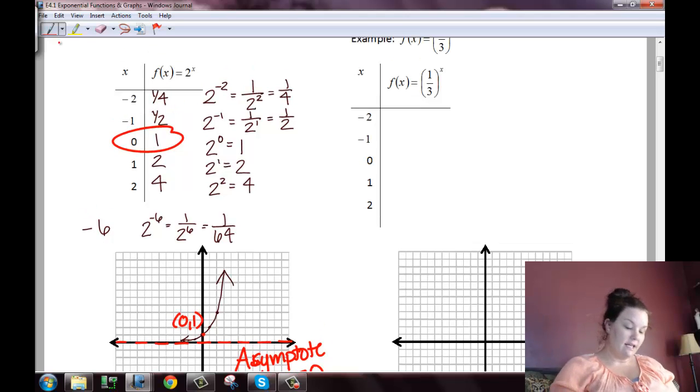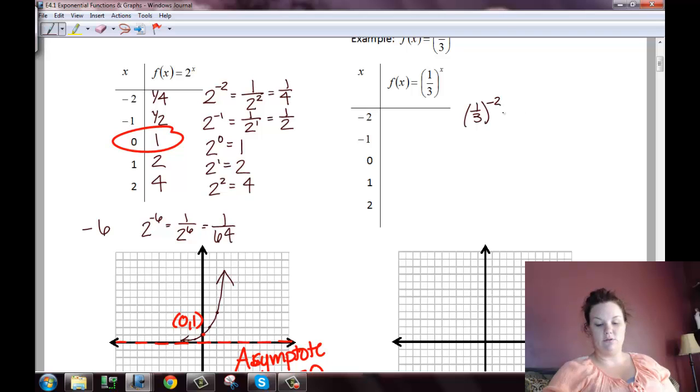The second example is f(x) equals (1/3)^x. So here, if I plug in 1/3 to the negative 2, again, the negative exponent flips it. This gives me (3/1) squared. 3 over 1 is just 3, and 3 squared is 9.